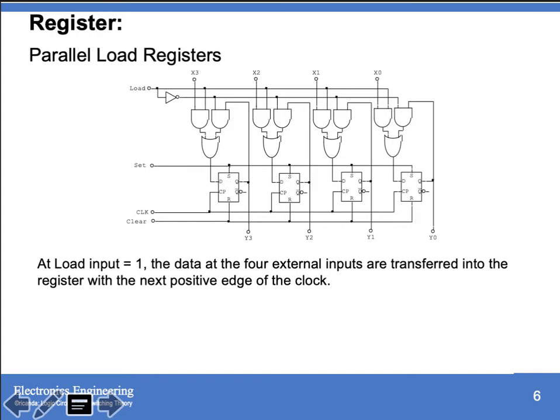As you can see, Q is connected to the first AND gate. When load is 0, the first AND gate is active, and this will be the input to D. Why is it connected back to D? Because the D latch does not have a no-change condition.